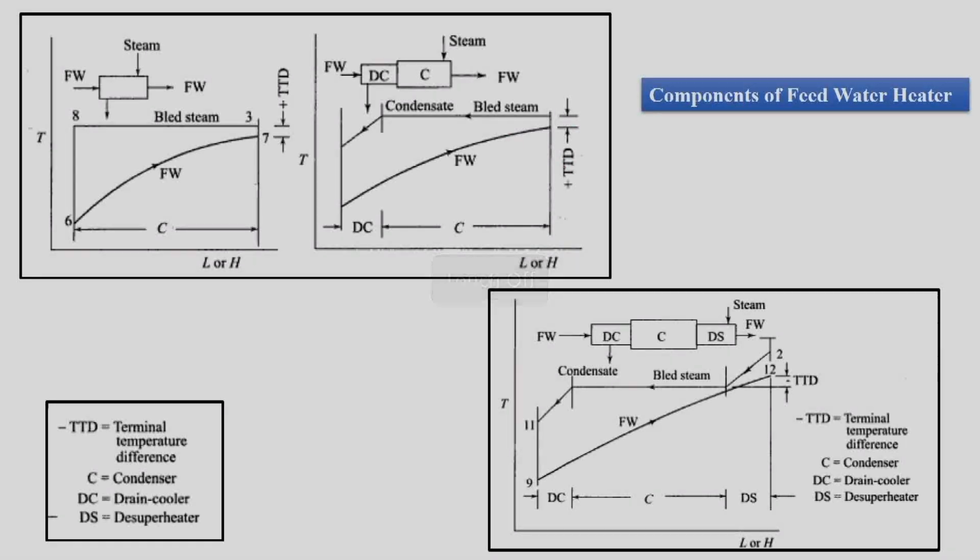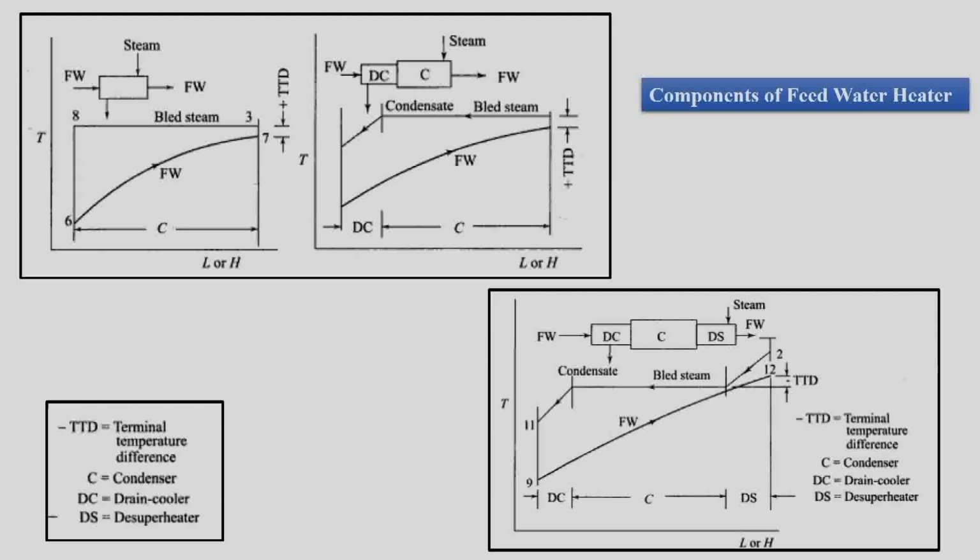Now, what are the different components of a feed water heater? If we are having a low pressure feed water heater, then in the low pressure feed water heater, we initially will have only condensation process. So, the steam will lose its enthalpy from one point to other point along the direction, but water will gain its enthalpy from one point to other point.